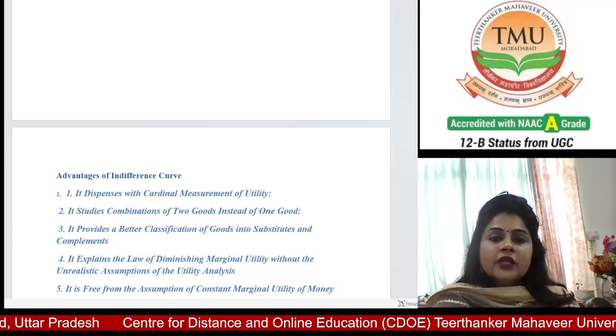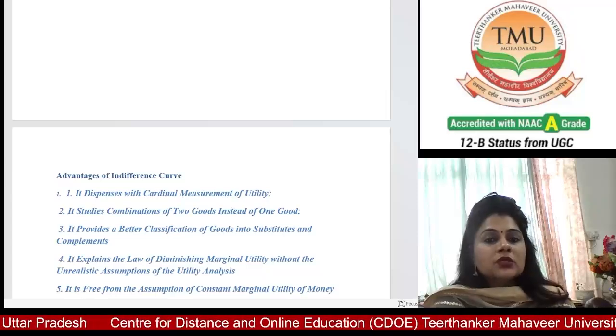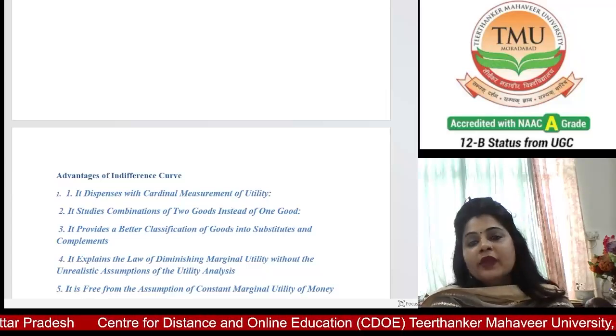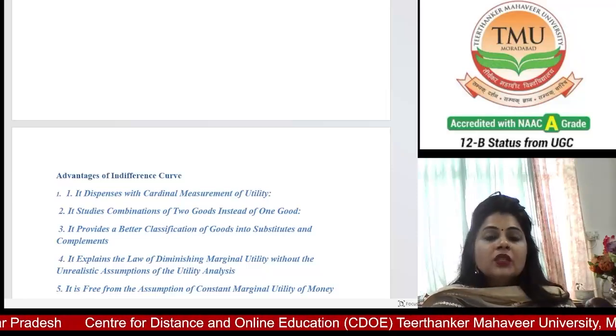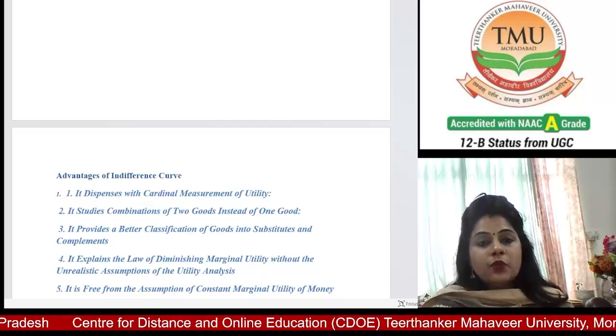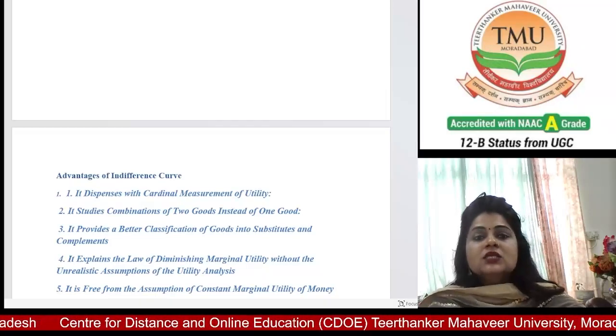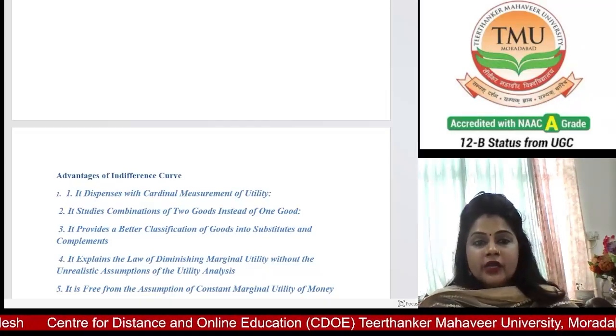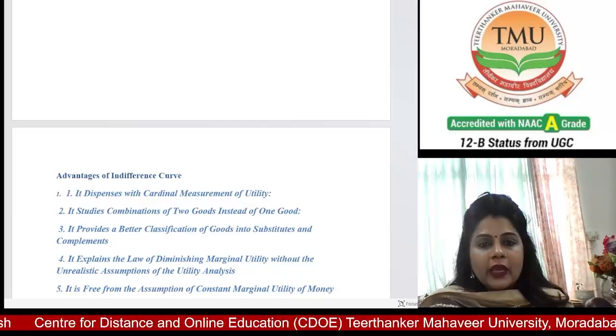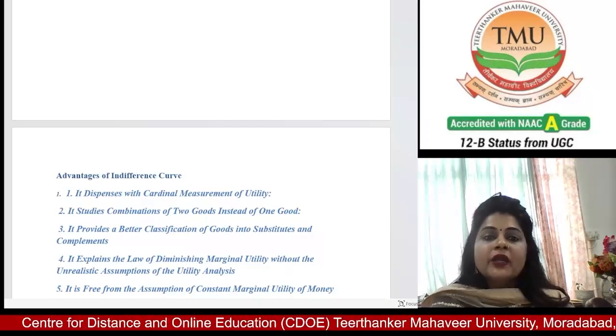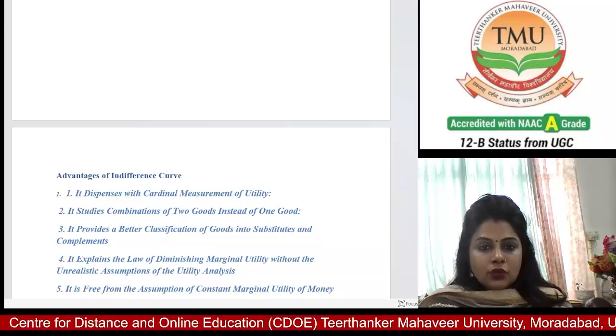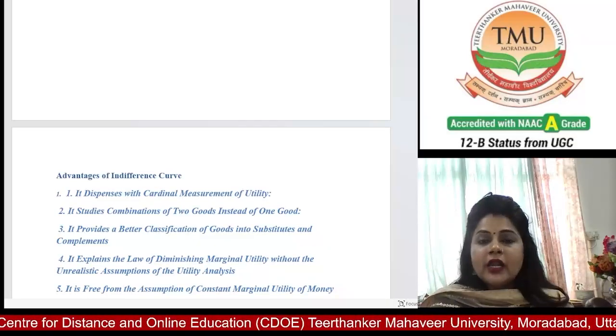Marshall avoided the discussion of substitutes and complementary goods by grouping them together as one commodity. This assumption is far from reality because a consumer buys not one but a combination of goods at a time.